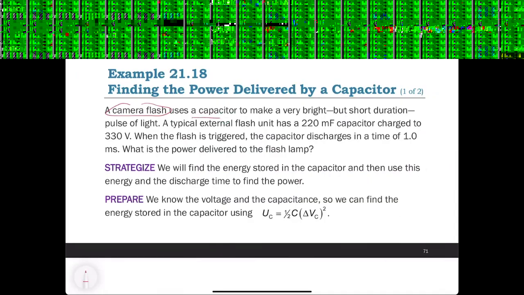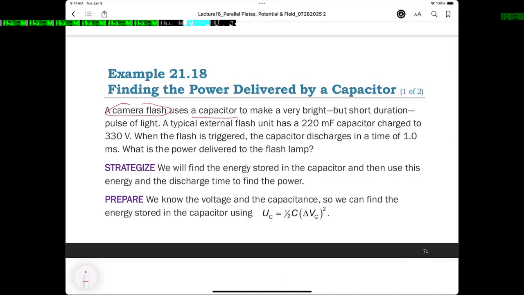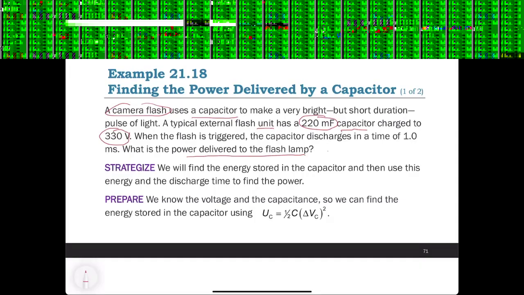A typical external flash unit has a 220 mF capacitor charged to 330 volts. When the flash is triggered, the capacitor discharges in a time of 1 millisecond. What's the power delivered to the flash lamp? We will find the energy stored in the capacitor and then use the energy and the discharge time to find the power. Does it make sense to you?